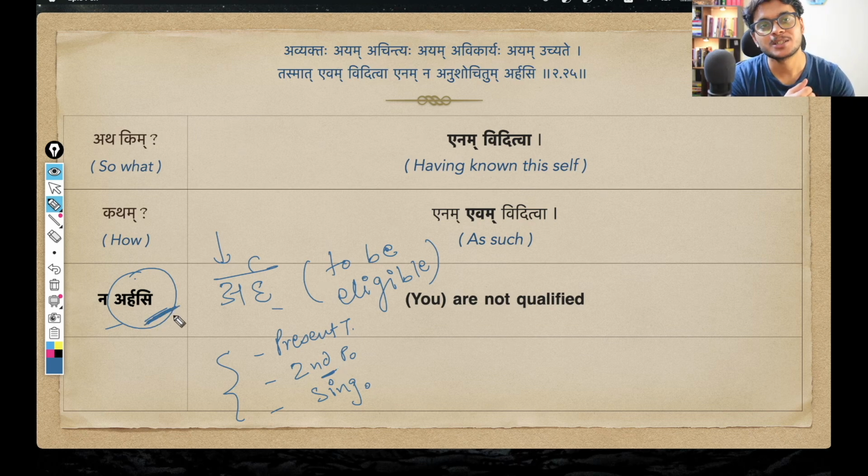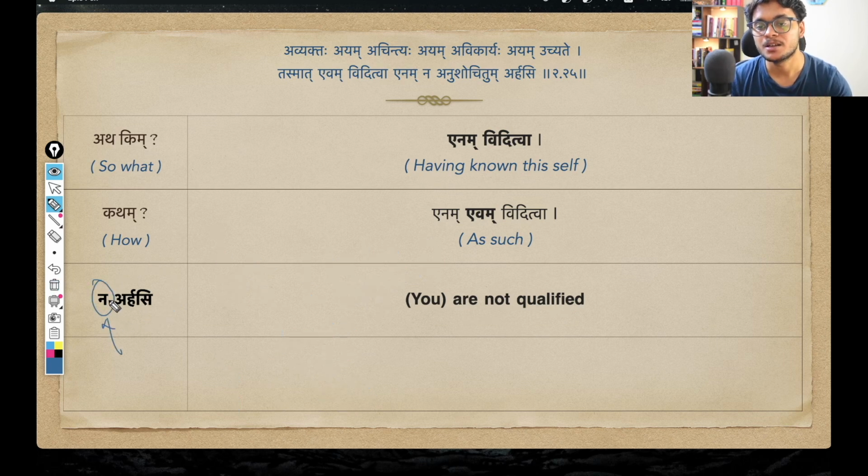So this action is associated with Arjuna, the direct listener. That is why it is second person madhyama purush and singular ekvachanam. So arha dhatu in these properties becomes arhasi, that you are qualified. But since this kriya pada is preceded by na, the meaning is negated, that you are not qualified, na arhasi. This is what Krishna is saying to Arjuna.